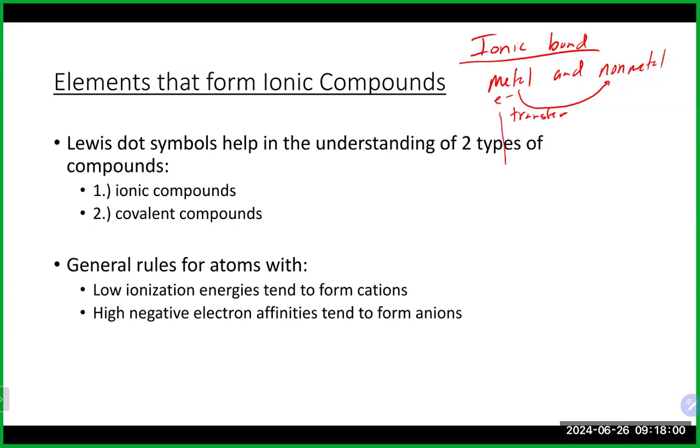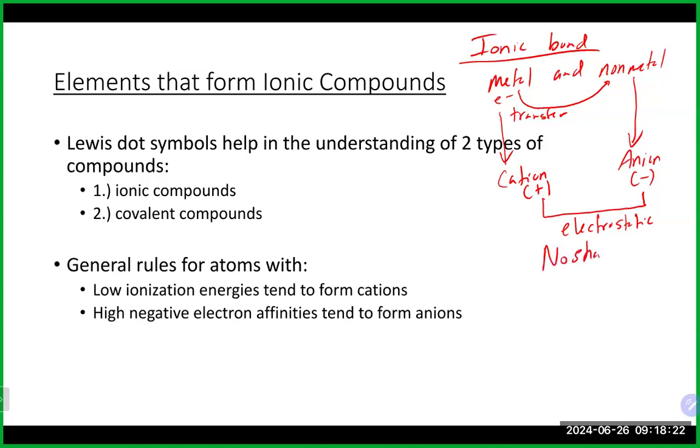That creates a positively charged metal, known as a cation, and a negatively charged nonmetal, which is an anion. It is this opposite, electrostatic attraction that holds it together. In an ionic bond, there is absolutely no sharing of electrons. What is holding an ionic bond together is the attraction between a positive cation and a negative anion, with no sharing of electrons between anybody. That is different from what happens in covalent compounds or a covalent bond.